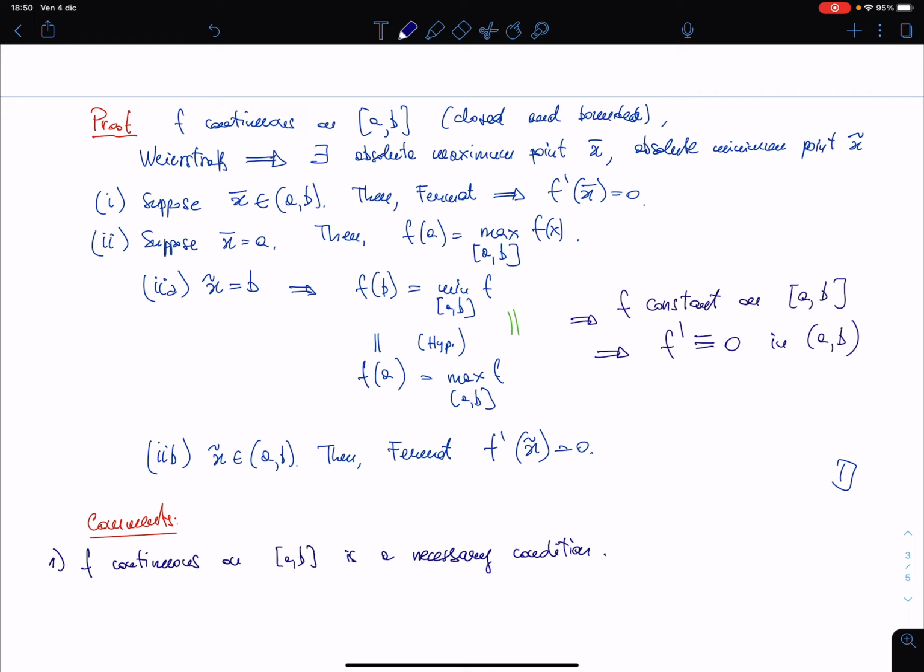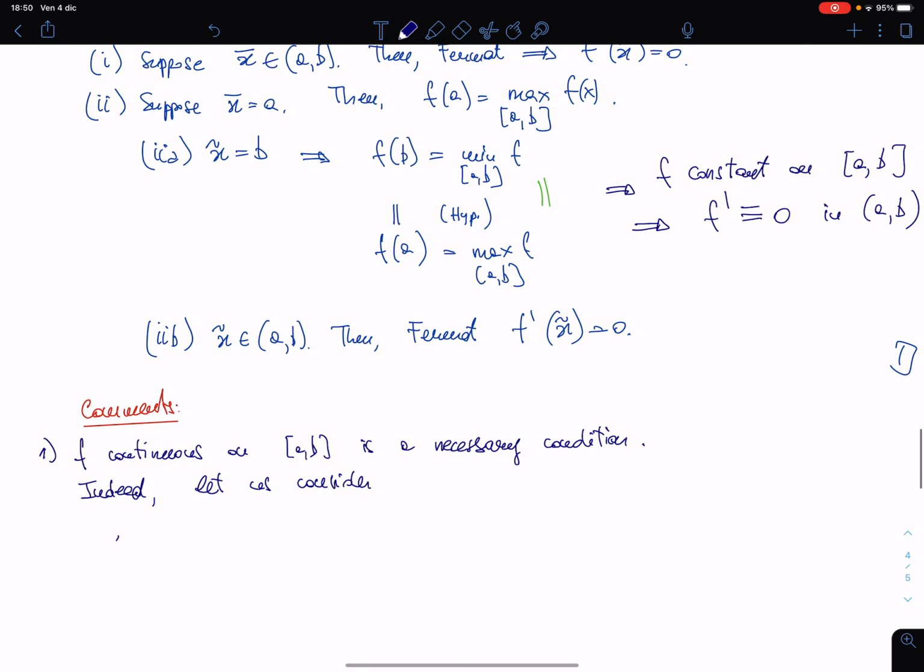Indeed, let us consider the following example. f from [0,1] to R, f(x) is equal to x in [0,1), open at 1, and 0 for x equal to 1.